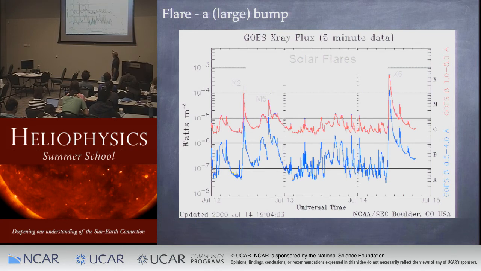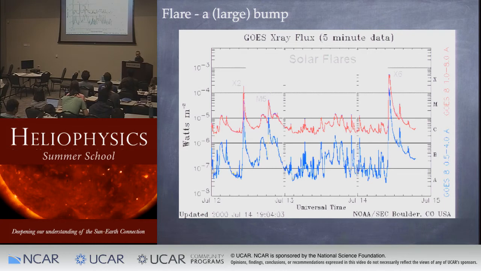So you can see this is an example of GOES X-ray. This is a hard and soft X-ray signal. You can see an X-ray flare here, another one here, another one here. In this case, the size defines how strong the X-ray flare is.